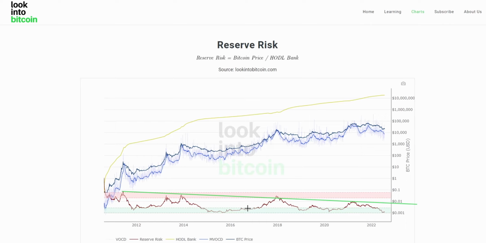So rather than just waiting for these green and red zones, it may be worth seeing historically whether this is an area where the reserve risk has previously topped out, or, as we are contracting and ever decreasing historically in the reserve risk ratio, maybe next time that price is reaching this trend line, consider taking some profits.